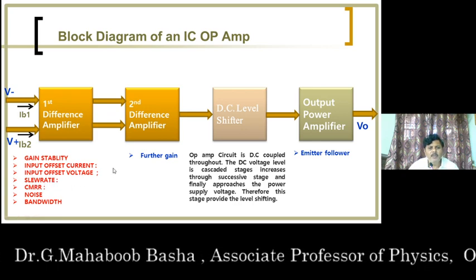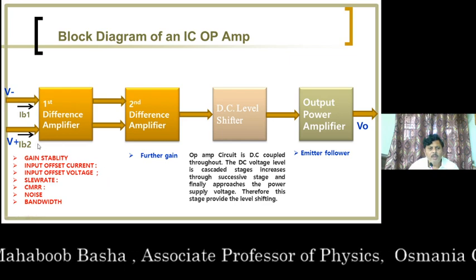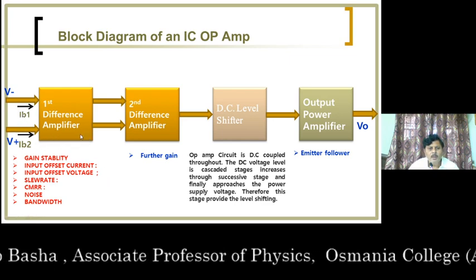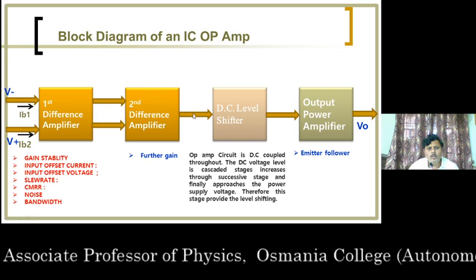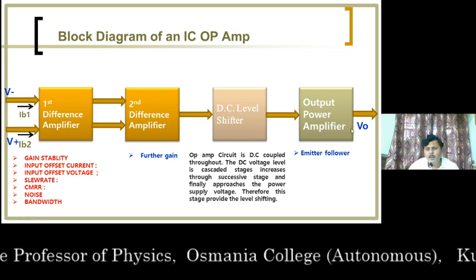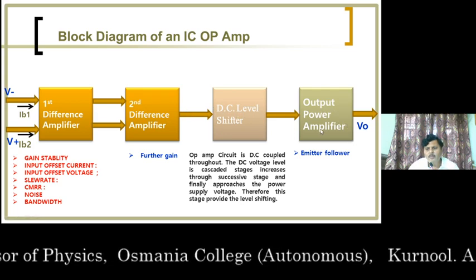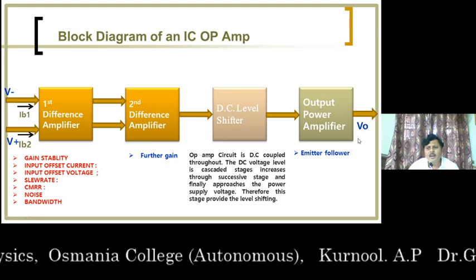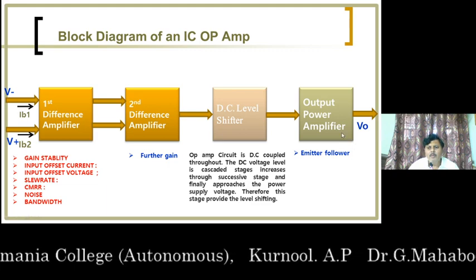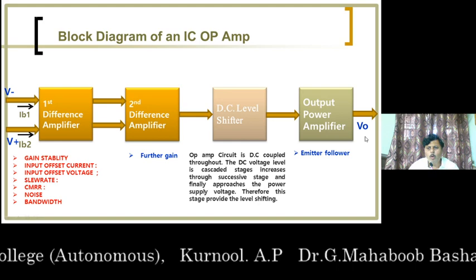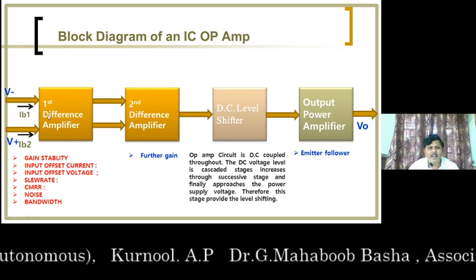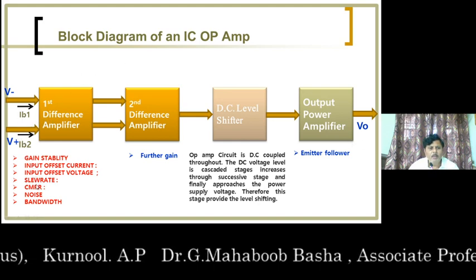This slew rate is a frequency-related parameter. When we apply signals at the input, the signal has to pass through the 40 transistors. Because of this, the output signal is delayed with respect to the input signal. Means the output signal does not respond as early with respect to the input. That can be measured by this slew rate.